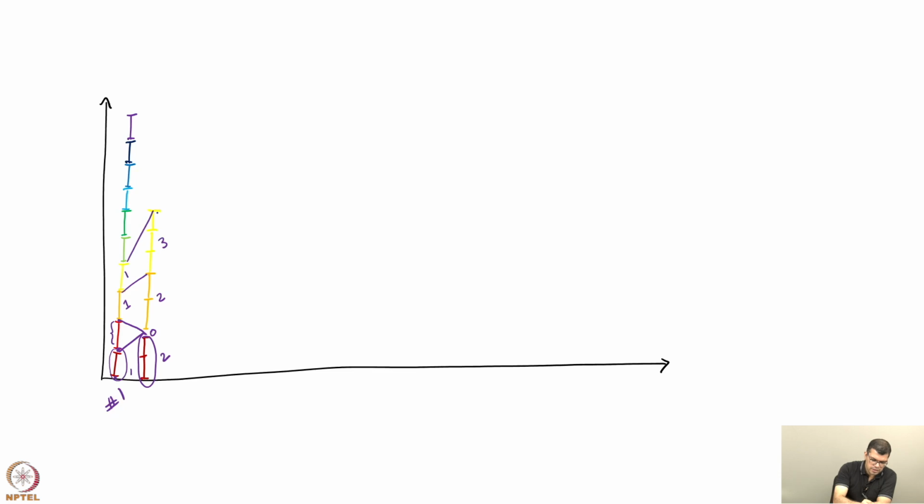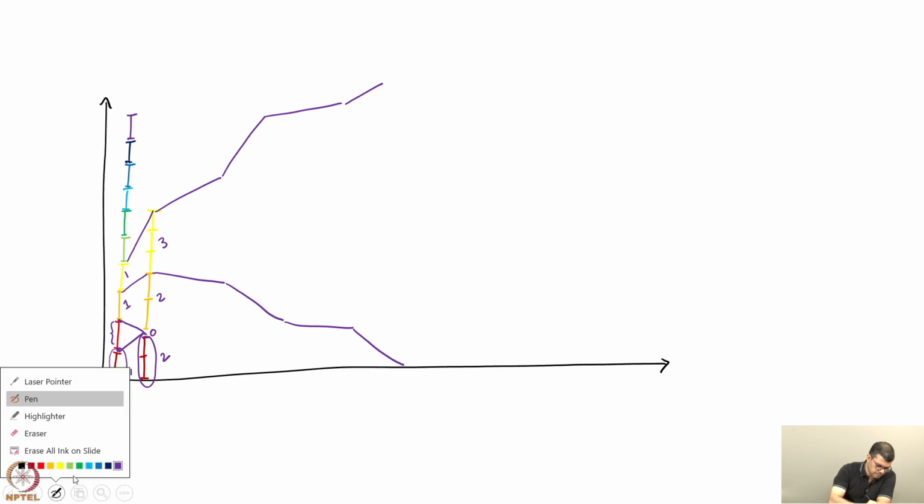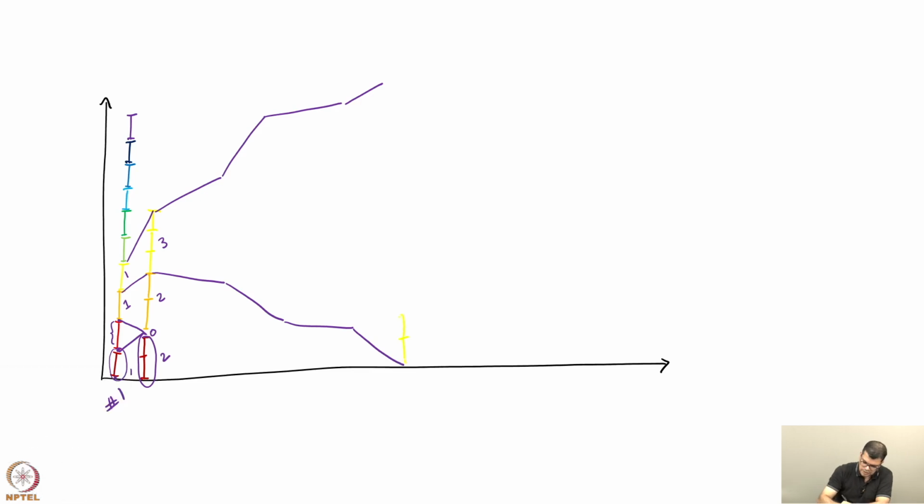But eventually these contractions and expansions are going to keep on playing, and we can represent these trajectories like this, until only one color remains, which in this case is only yellow. All other colors are gone, and we can trace the history of what happened to each color by just tracing these lines.